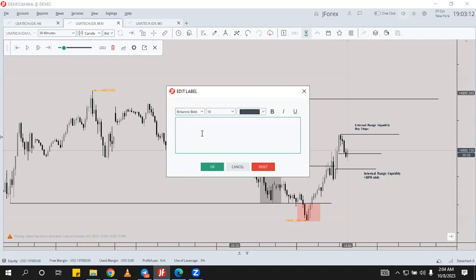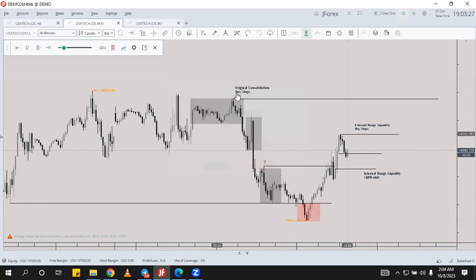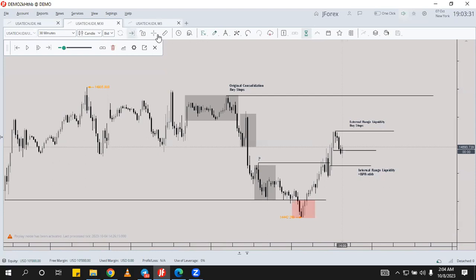So that's my original consolidation. And what is resting above it are what we call buy stops. So we have buy stops resting right above here. So this is what we call the market maker buy model.